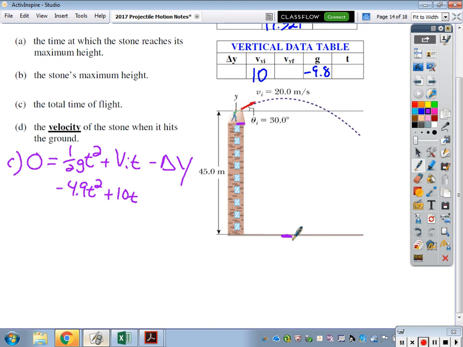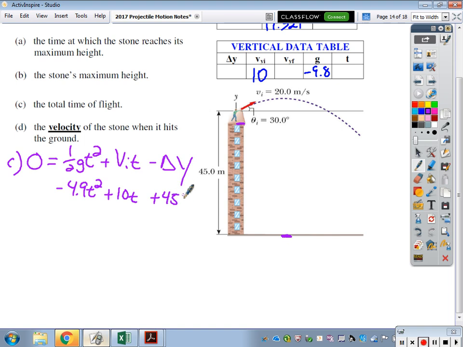What is the displacement from start to finish? Does everyone see why it's negative 45 and not negative 50.102? Okay, because of where we start. But here's where we be careful. So it'd be subtracting a negative 45. So in terms of the quadratic, we put that as plus 45.